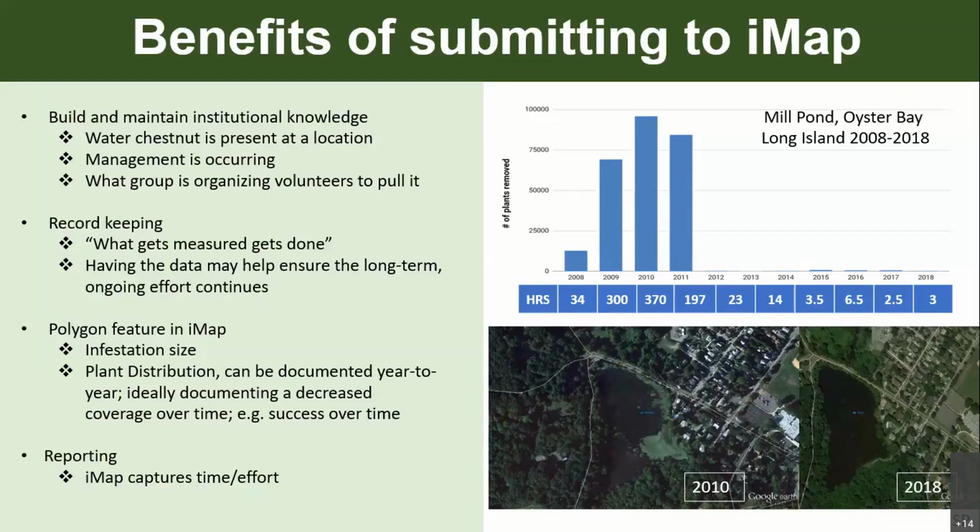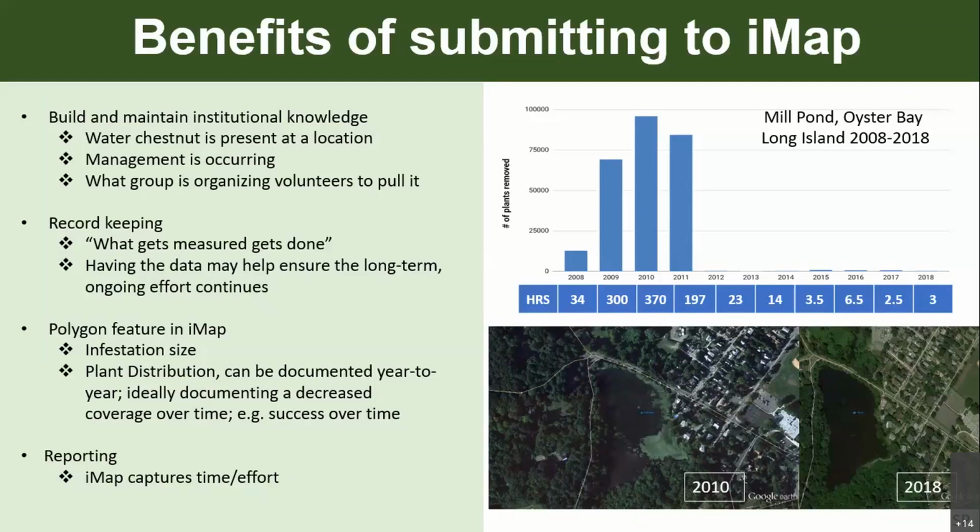And so that bar on the top is showing the amount of individual plants that were pulled over a 10-year period. And you can see that in the years 2009 to 2011, quite a large effort was put in. So 300 to 370 hours of person time pulling those. But then by 2012, the population had crashed.